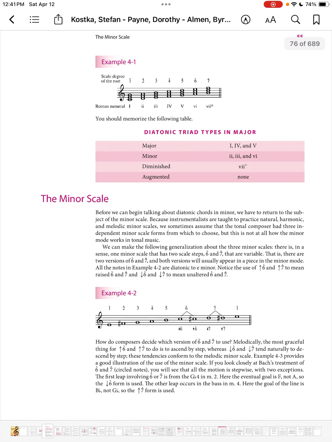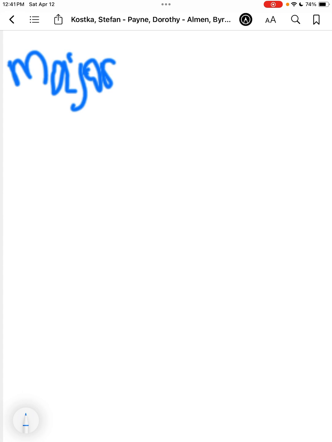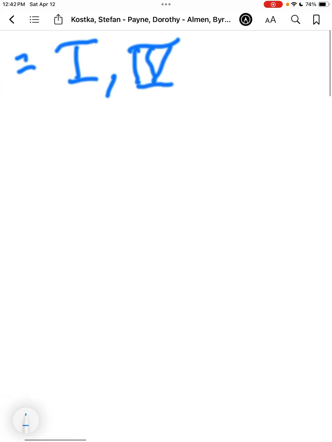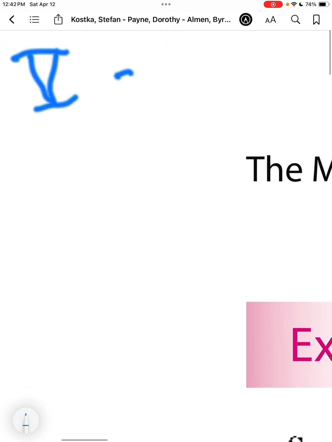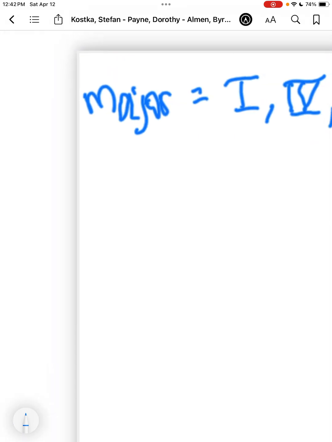So to explain this one, major keys: my general rule for major keys is that 1, 4, and 5 are uppercase. And that's the numerics on this one.